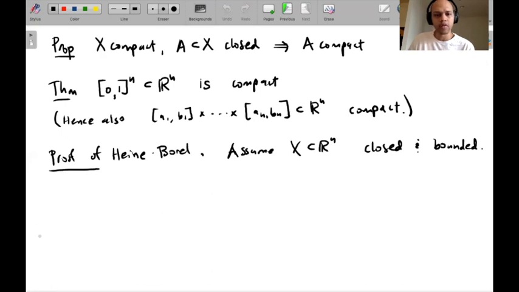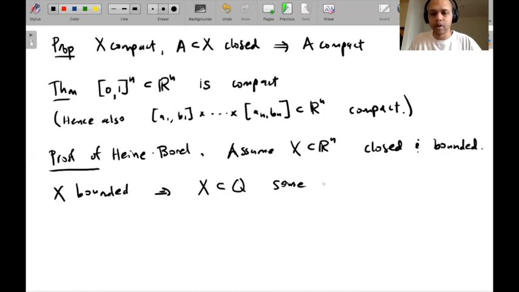So first of all, X being bounded means X is contained in some large ball centered around the origin. And so then X is also contained in some large rectangle. So this implies X is contained in Q for some closed rectangle.